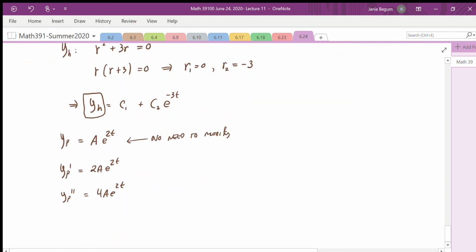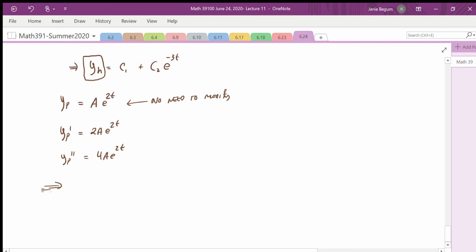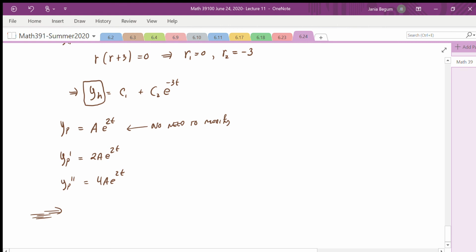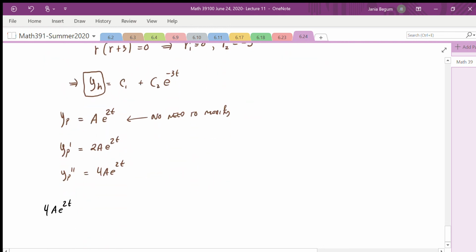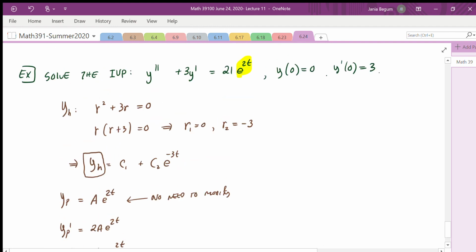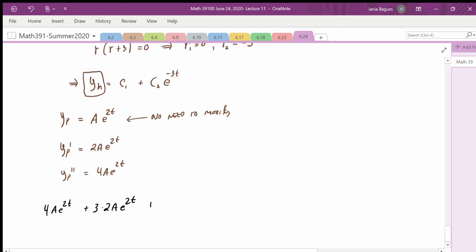So we have y double prime. If I plug them in, we have 4a e to the 2t, plus 3y prime, that's 2a e to the 2t, is equal to 21 e to the 2t.